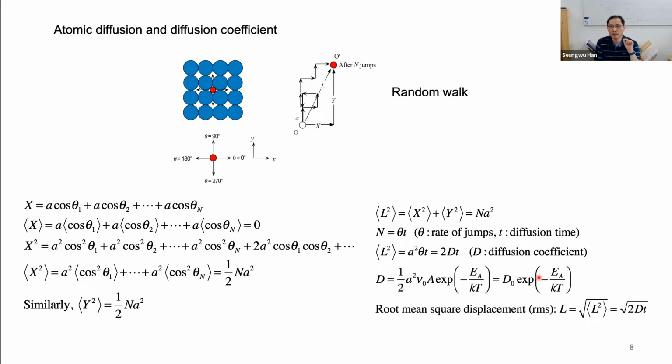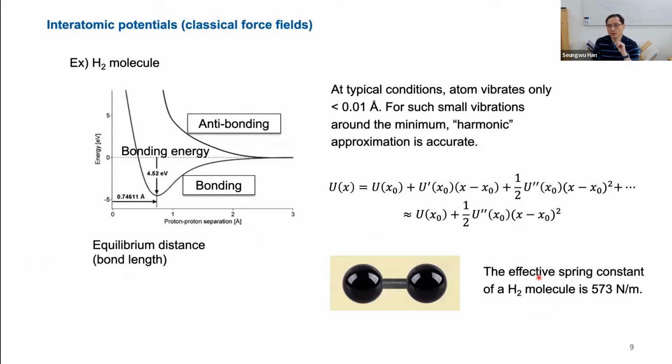All right, so here the key point is how can we obtain the interaction among the atoms? Such an interaction among the particles is called the interatomic potential, or we call it the classical force field. So let's discuss the simplest example, the H2 molecule.